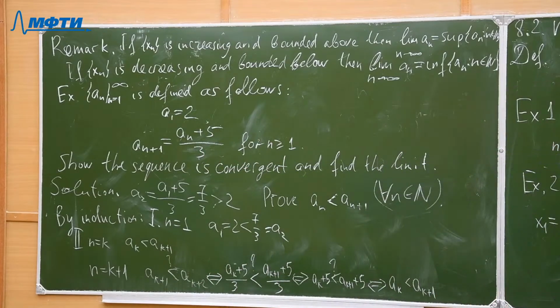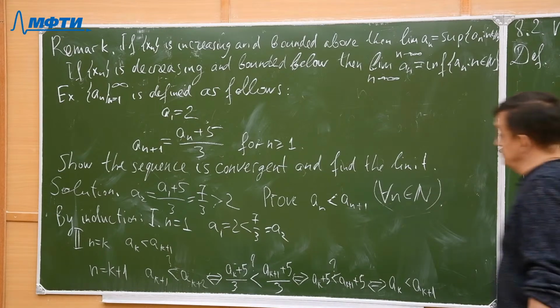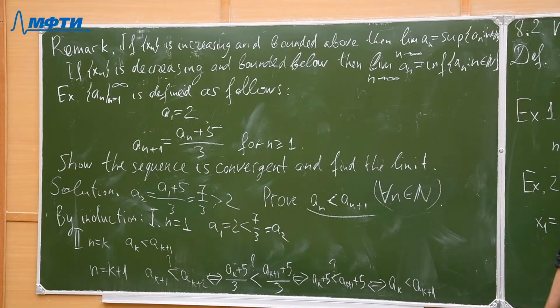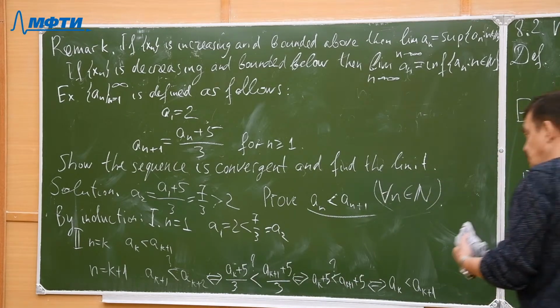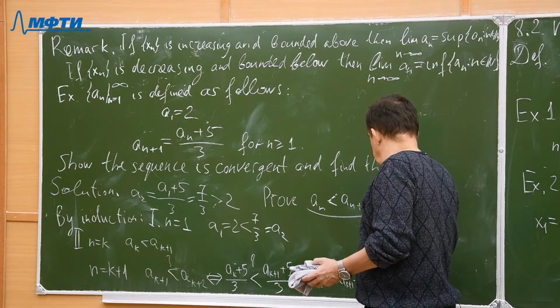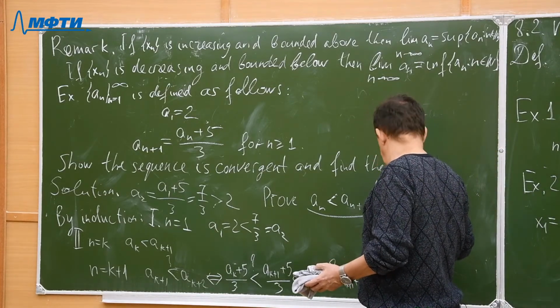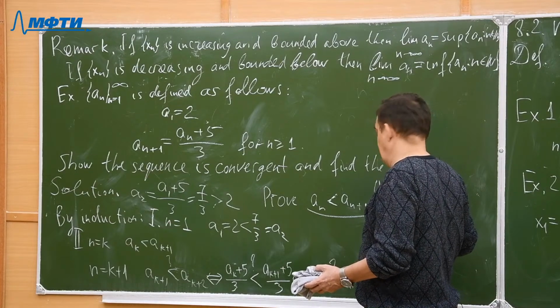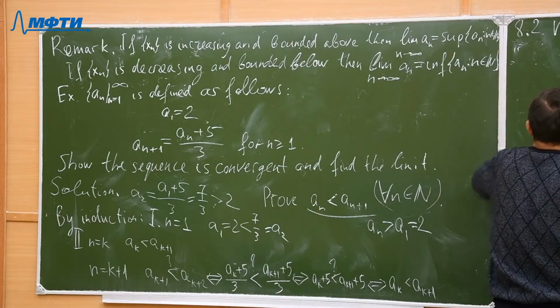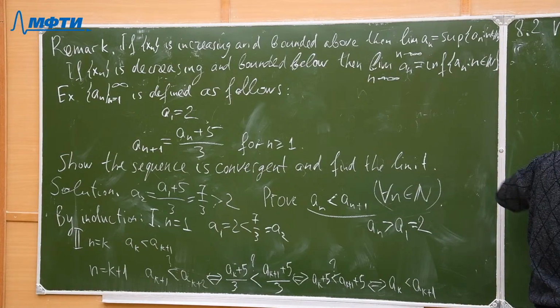It means that indeed the sequence is increasing. If it is increasing, then it is for sure bounded below, because every term is greater than a1. a1 is 2, right? So the sequence is bounded below.